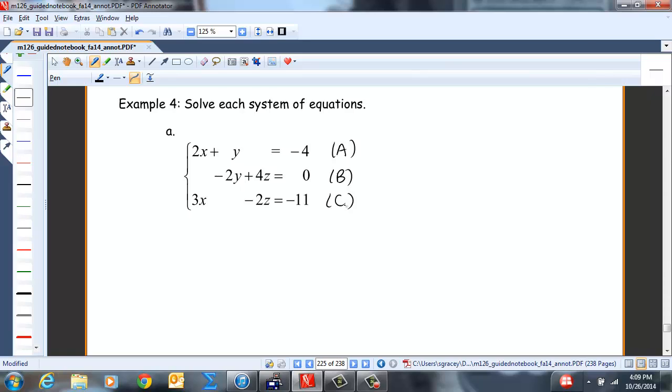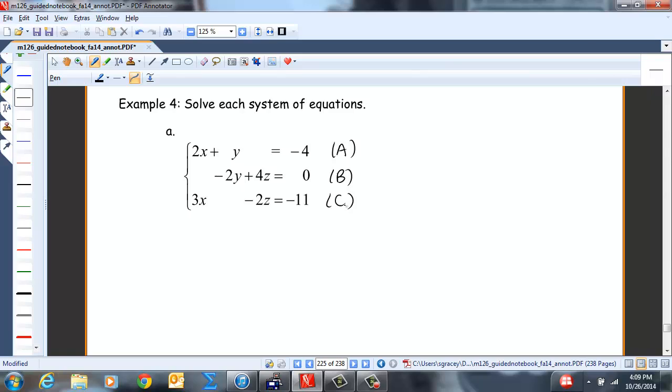Now, if you use elimination, what you have to make sure of is that you eliminate the same variable twice. Otherwise you just get into this circular mess and you never leave the problem.